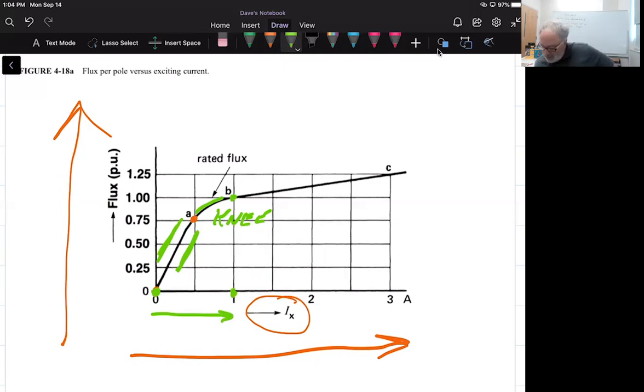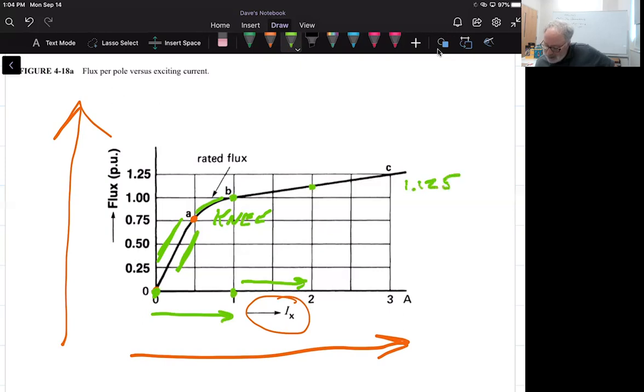Now, over a similar increase, say this is from 0 to 1 amp, and I get that response, but going from 1 amp to 2 amps, I only increase from 1 per unit to about halfway between 1 and 1.25, so that would be what, 1.125?